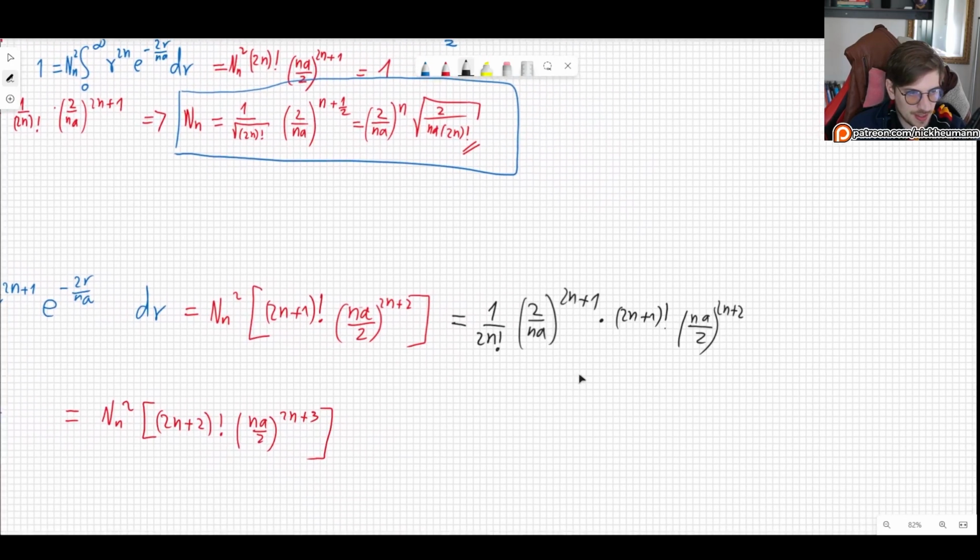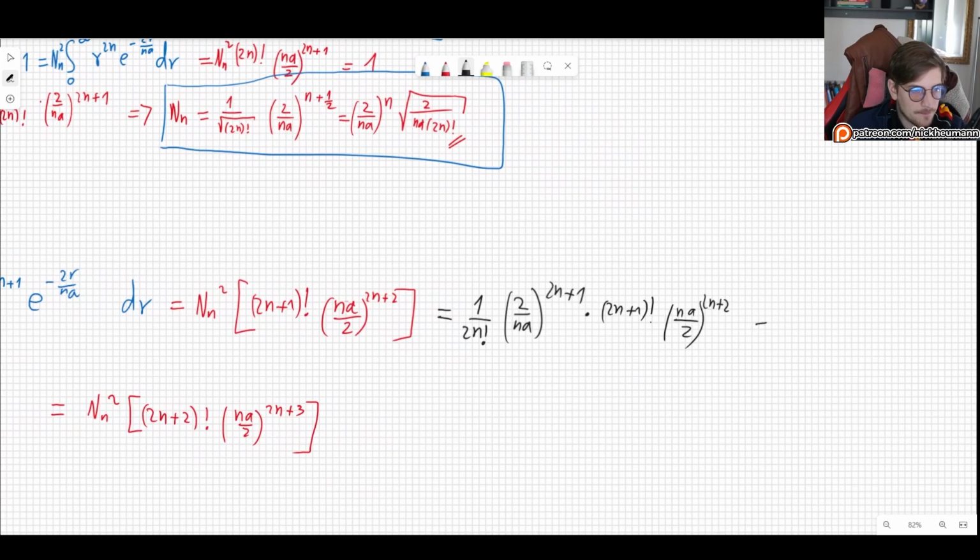So here we can do a little bit of a simplification. We have 2n plus 1 factorial divided by 2n factorial. That is simply 2n plus 1, right? Because 2n plus 1 factorial is 2n plus 1 times 2n factorial. So the 2n factorial would cancel out with that one, and you are left with 2n plus 1.